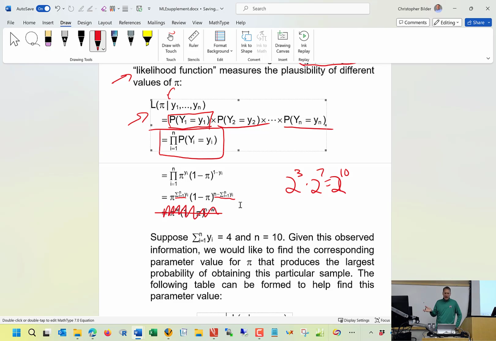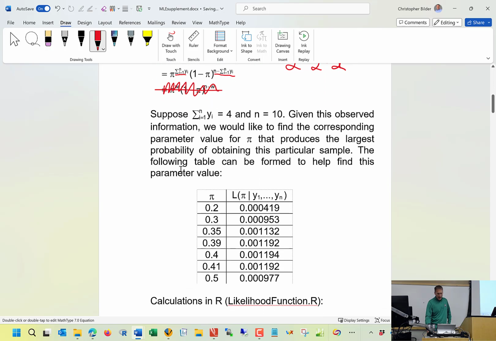Let's say that I actually observed 4 total successes out of 10 different times that I kicked the field goal. Then what I could do now is use this data, use this information to evaluate what my likelihood function would be at particular values of pi. Again, we are using this function to evaluate the plausibility of different values of pi.